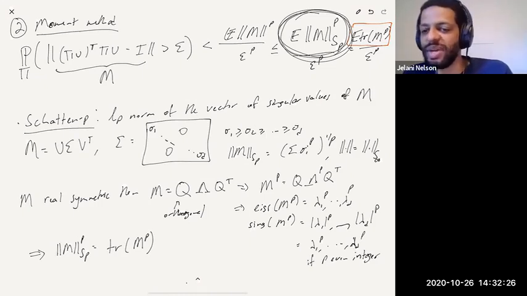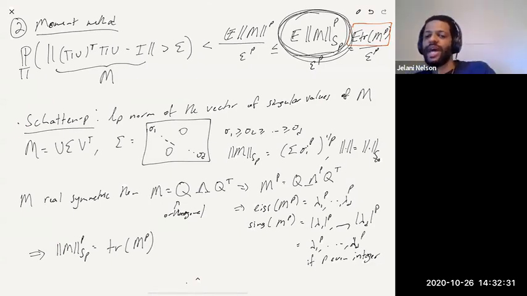So I don't really lose much by doing that. And then I can leverage properties of the Schatten norm to actually carry out the proof. Either use the fact that I can express the Schatten norm in terms of traces and then do some linear expectation, or use the fact that there are off-the-shelf bounds on the moments of Schatten norms, like, for example, the non-commutative Khinchin inequality. So that's a little more meta-analysis of why we went the route that we went.